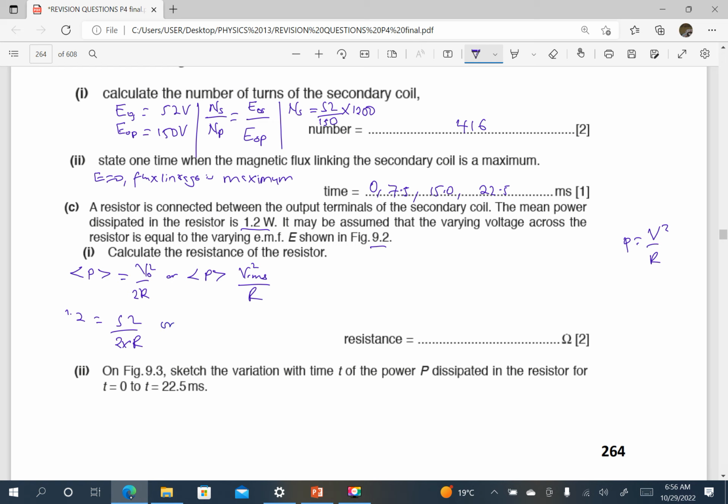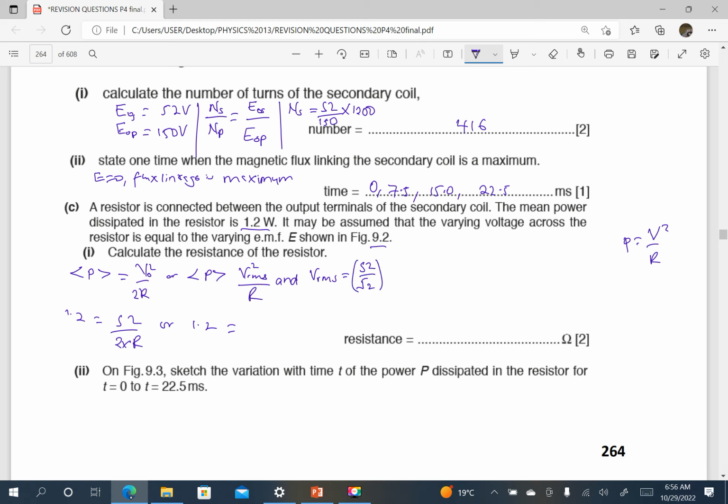Alternatively, we can say 1.2 equals the root mean square value squared over R. V root mean square is the same as V naught over root 2. So this is going to be V naught, which is 52, divided by root 2.